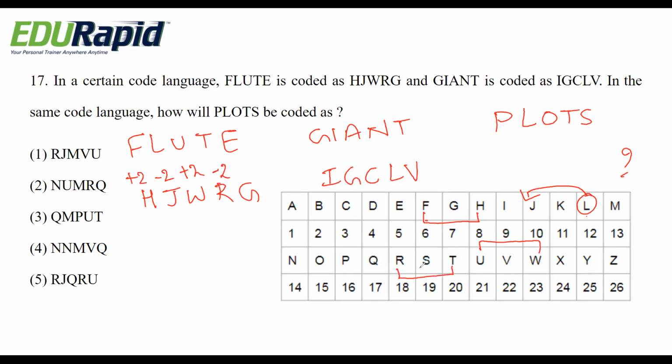Minus 2 means decreased by the previous 2 letters, and after E it is G. So it is in the pattern of plus 2, minus 2, plus 2, minus 2. So let me go with this one: plus 2, minus 2, plus 2, minus 2 and plus 2. So for P it is R.